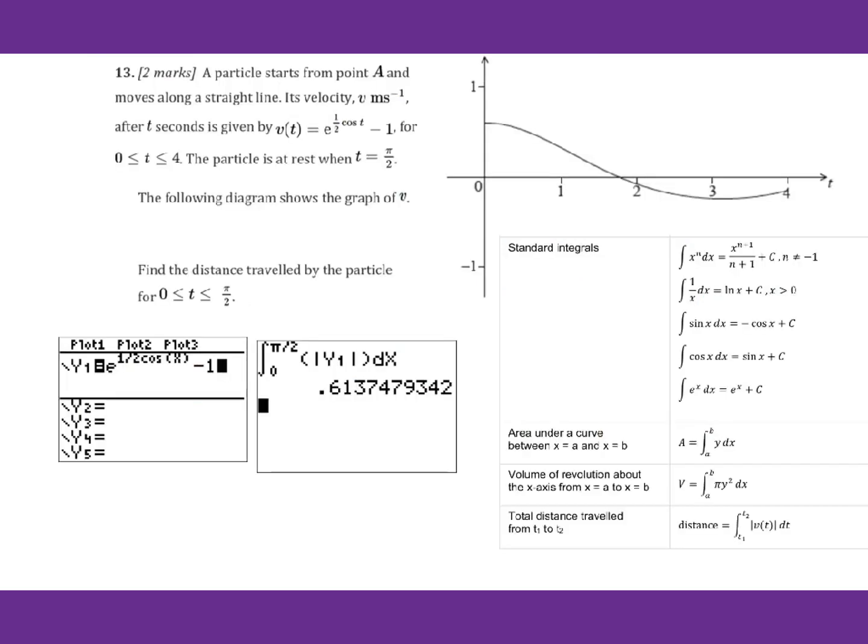For number 13, a particle starts from point A and moves along a straight line. Its velocity after t seconds is given by this function. For t between 0 and 4, the particle is at rest when t equals pi over 2. That means this point is pi over 2. The following diagram shows the graph of v.